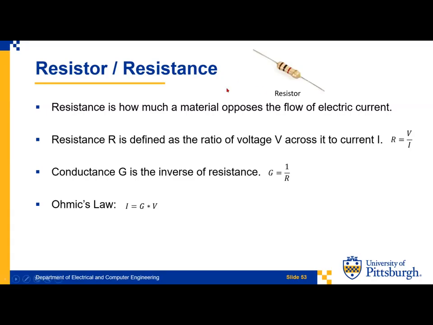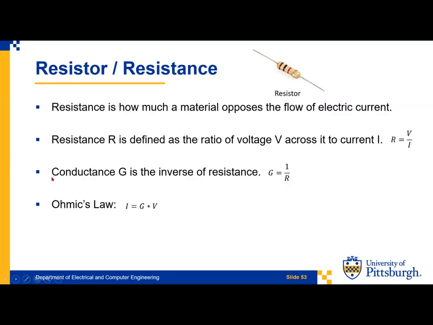The resistance is how much a material upsets the flow of electric current. And resistance R is defined as the ratio of the voltage V across it to current I. R is equal to the voltage divided by the current I, right?